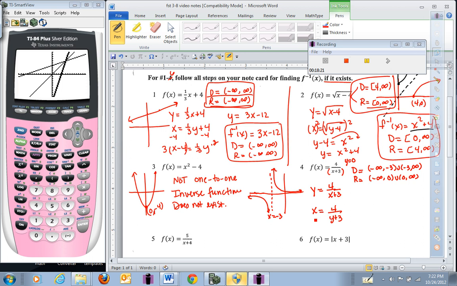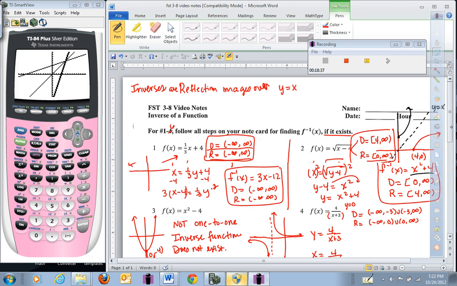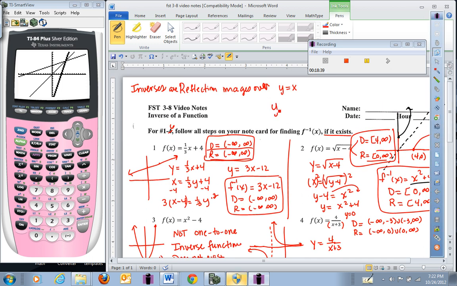You can do the same operations on both sides of an equation. For instance, if I had y plus 2 equals x, I can add or subtract the same number on both sides. If I have a multiplier, 3x equals 10, I can divide both sides by the same number, or multiply both sides by the same number.